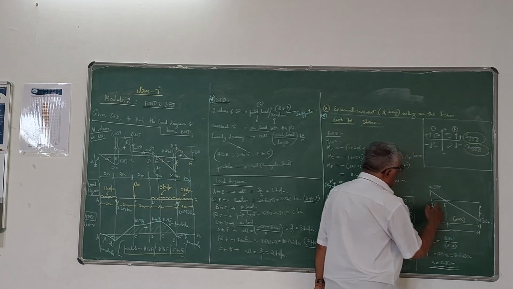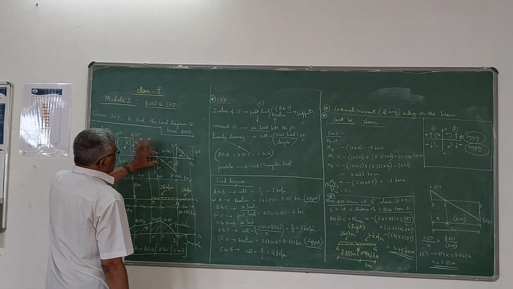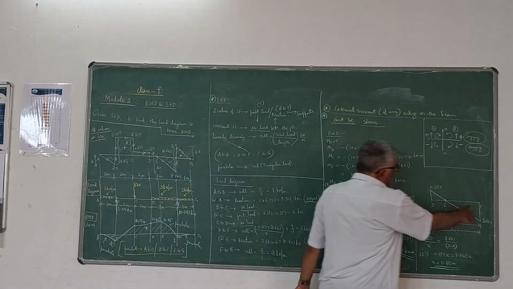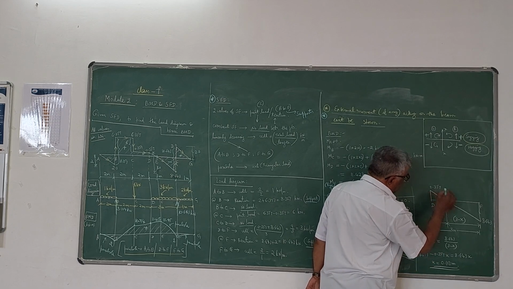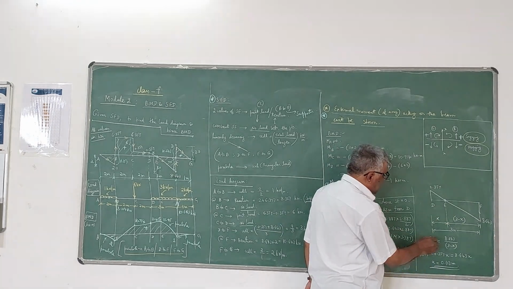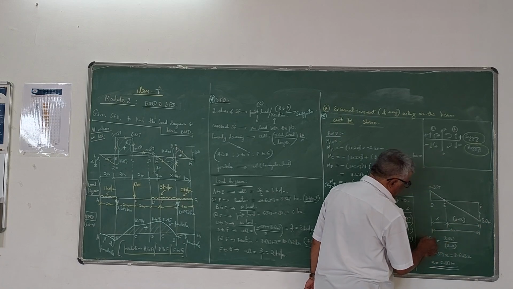3 minus x. And from similar triangles, what happens? This is 0.357 and this is 8.643. I have taken here. Now apply the similar triangle principle. So 0.357 divided by x, respective sides are proportional to each other. That should be equal to 8.643 divided by 3 minus x.